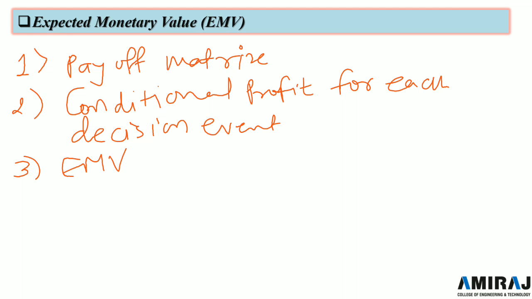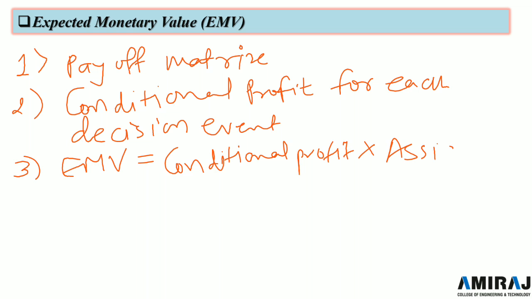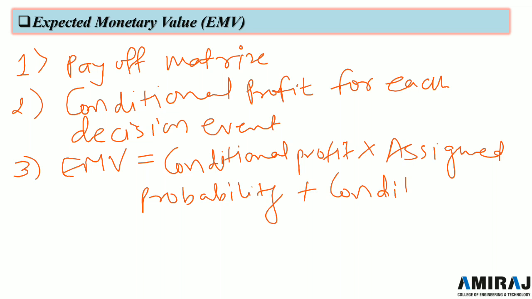What we do for each decision alternative is multiply the conditional profit by the assigned probability, and add the resulting values. And the last step is to select the alternative that gives the highest EMV.